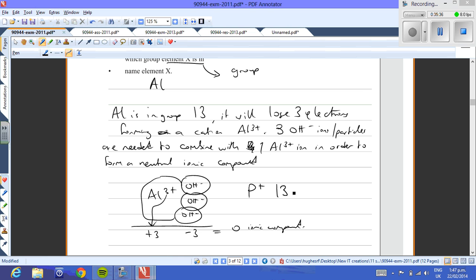So we have 13 protons, and the electron number is now 13 minus 3, because originally the aluminium atom would have had 13 electrons, but we've just lost 3 to ionize, so the electron number is now 10, so it's +13 minus 10, which gives you +3. So that explains why the charge on the aluminium ion is +3, and it does that because it's in group 13. So let's take a look at what the assessment answer was for that in 2011.